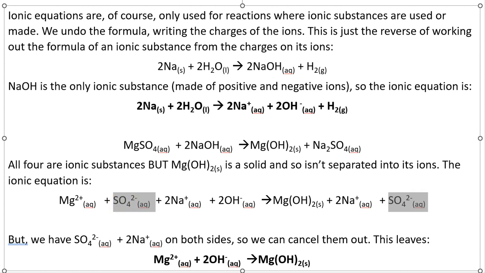Didn't change, I can cancel it out. Mg2 plus only at the beginning, not at the end. 2Na plus at the beginning and at the end cancel out. And so my final ionic equation will only be for the ions that were there at the beginning but not there at the end. Only concerning the substances that changed.